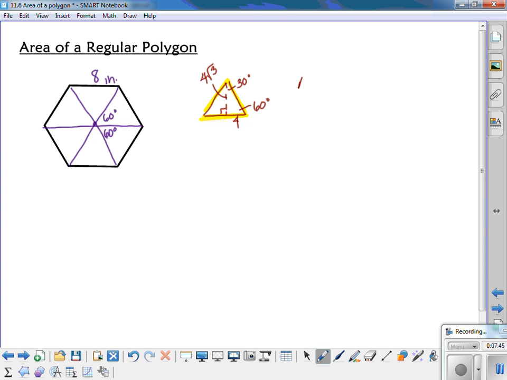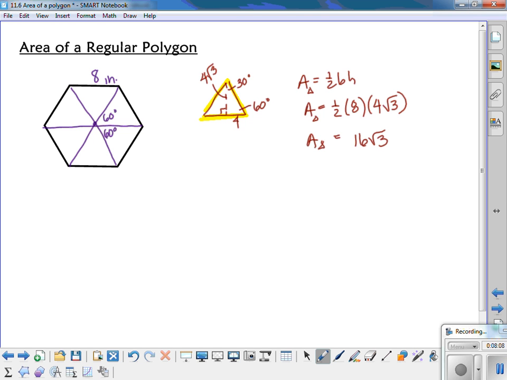So the area of that triangle is 1/2 base times height. And so it would be half, the full base would be 8, and the height is 4 root 3. And so the area of one triangle is 4 times root 3, or 16 root 3.